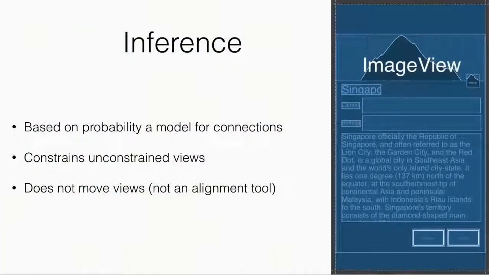The inference, you saw me do a little bit of the inference before. It's essentially based on a probabilistic model where we try to estimate what is the most likely thing it would want to connect to. If they're aligned above each other, it's more likely to align that way. If it's directly on the center, as the little icon shows, it will want to connect it.